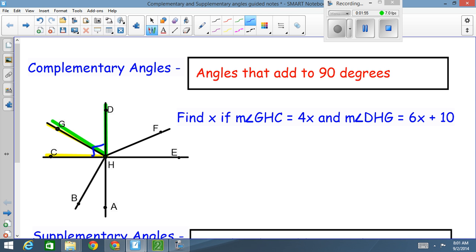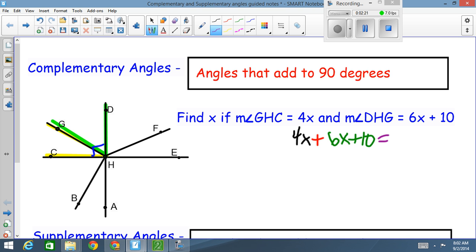So these two angles that are given to us are complementary. So I'm going to take my first angle, which was GHC, add it to my second angle, which was DHG, and together they equal 90 degrees.